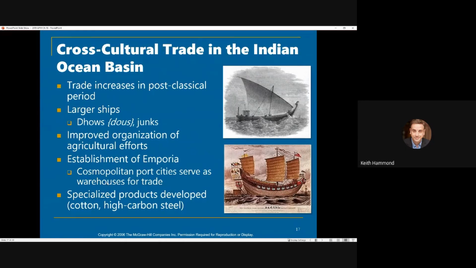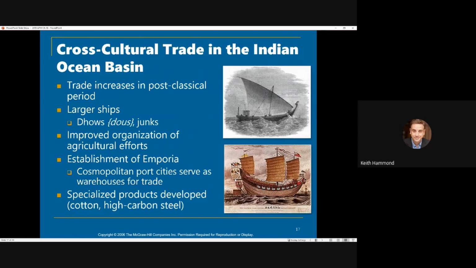One of the things that makes it easier to have increases in trade is going to be several changes. We're going to have larger ships built during the post-classical era than came before. The origins of these ships you could look for in the past, but they're really going to get bigger and larger. The first ones are called dhows, which look like this, which is one way that a dhow can look.